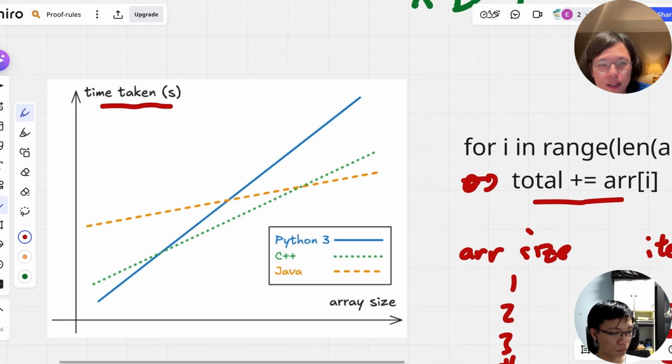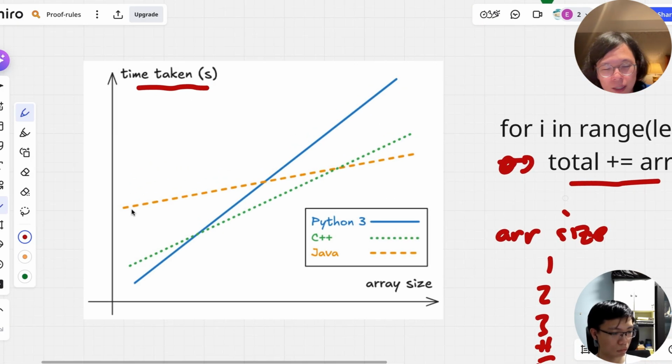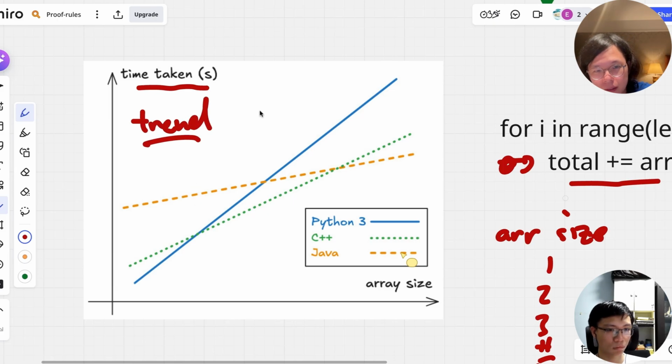If I have a whole time taken curve, the amount of time it takes for the Python code might not be the same as for the Java code, which might not be the same as for the C++ code. Normally people would argue that the C++ code would run the fastest. But the trend, which is the important part that we want to capture, is the same.